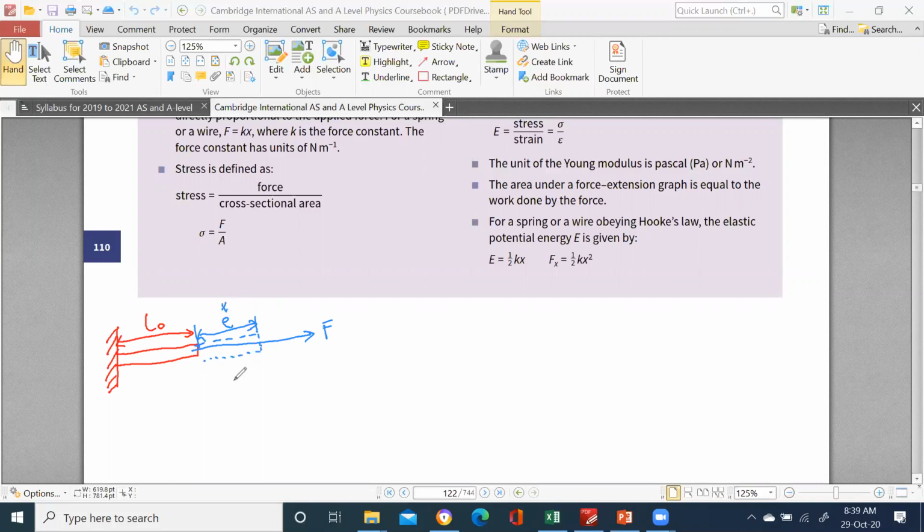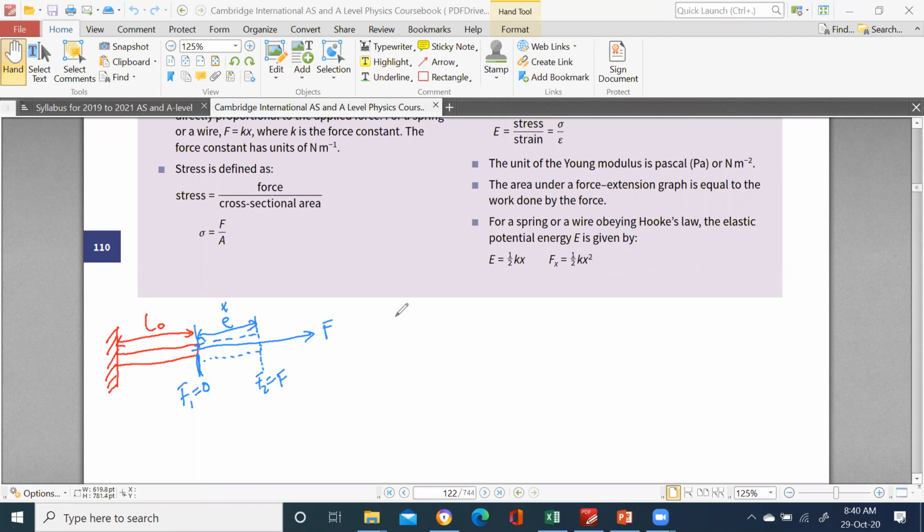So we said that initially before you stretch, our force F1 is equal to 0. When you stretch it up to a given length, our force F2 is equal to F.